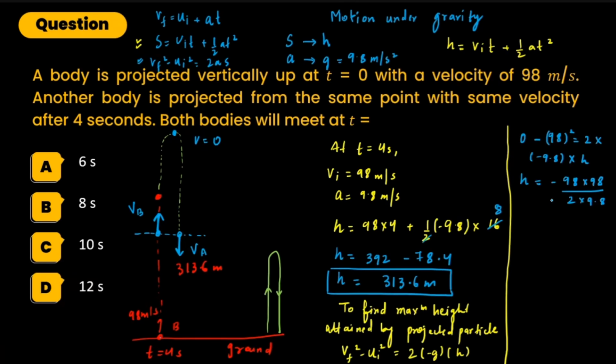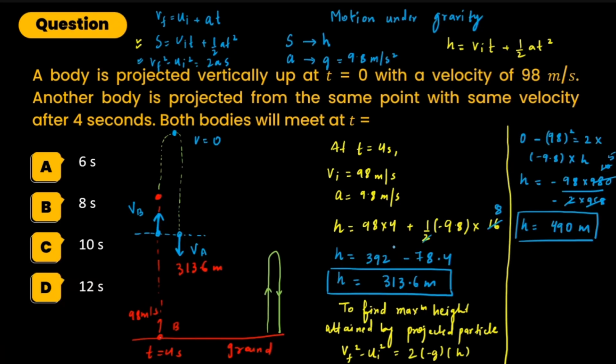Negative sign on both the sides will be cancelled out. So 9.8 will remove 98 like this, and it is going to be 490 meters. So here it is clearly visible that the maximum height attained by the projectile is going to be 490 meters.